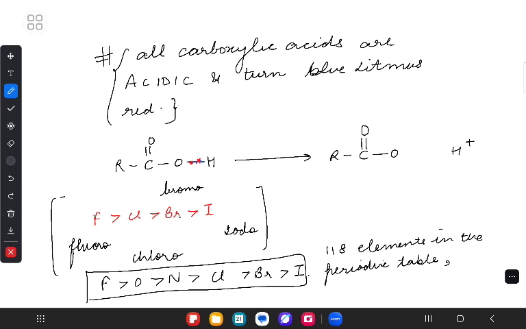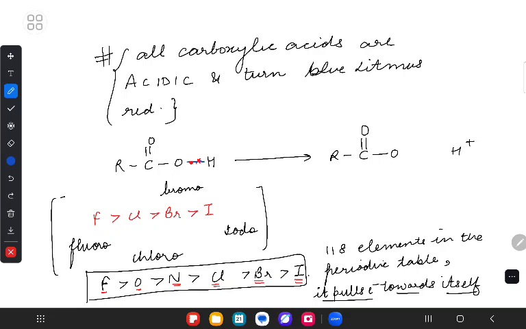That it pulls electrons towards itself, right? Then we'll have oxygen, then nitrogen, then chlorine, then bromine, and then iodine. Are we understanding?